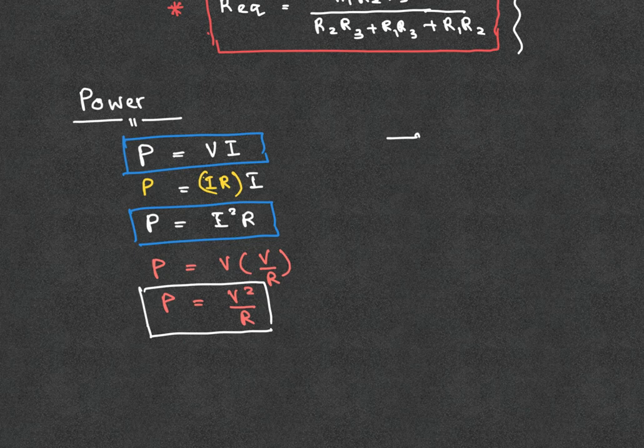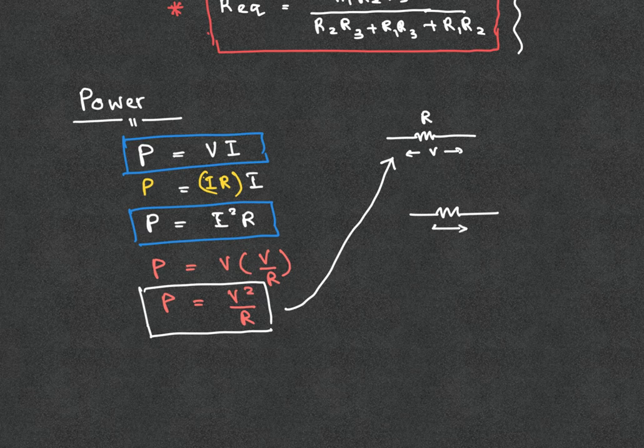If you want to find the power across a resistor, then you can find the voltage across that resistor, and if you know R of the resistor, then you can use the last equation to find the power. Let's say you know the voltage across the resistor and the current I, then you can use the first equation to find the power.